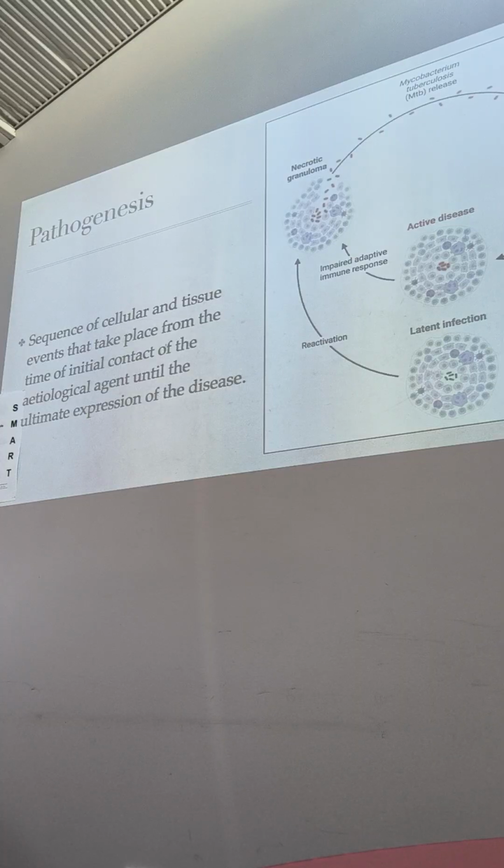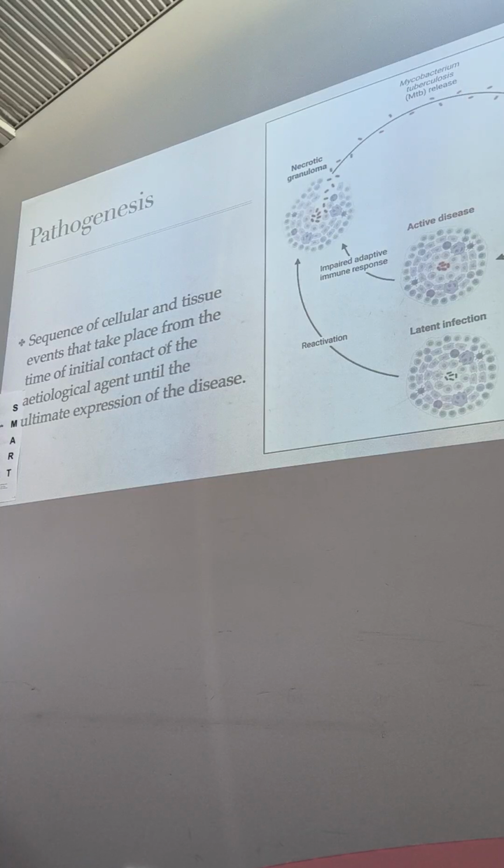All right, so then we have pathogenesis. It's a sequence of cellular and tissue events that take place from the time of initial contact of the etiological agent until the ultimate expression of the disease. So here we have the pathogenesis of tuberculosis. TB is actually airborne, like COVID, as you know.